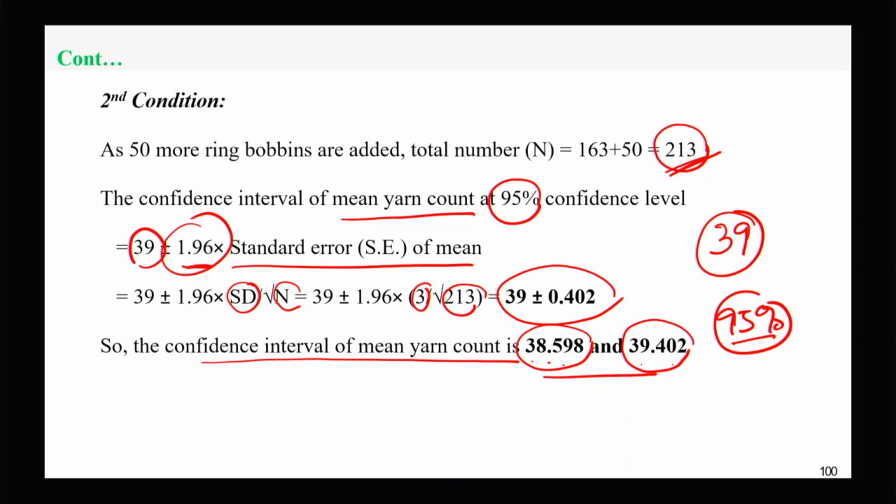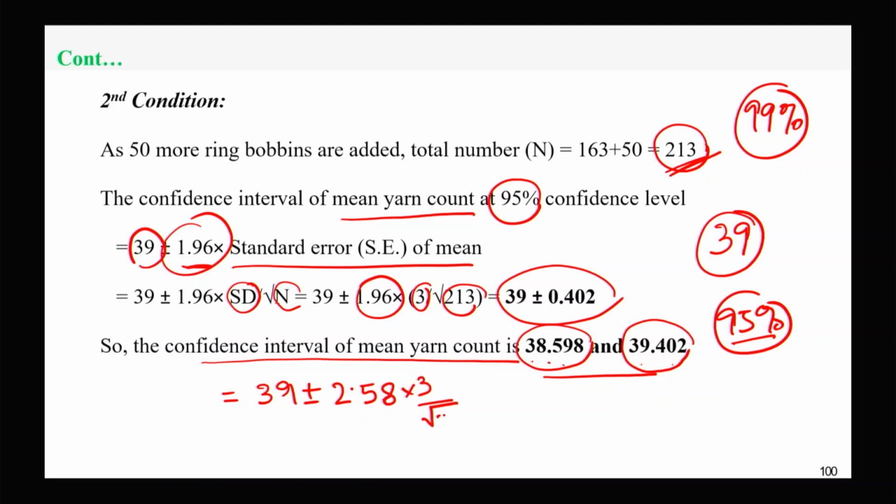Now if we want to be more sure, suppose we want to test at 99% confidence level, keeping all other parameters the same. So the confidence range will be 39 plus minus, in place of 1.96 it will be 2.58 into 3 by under root 213.